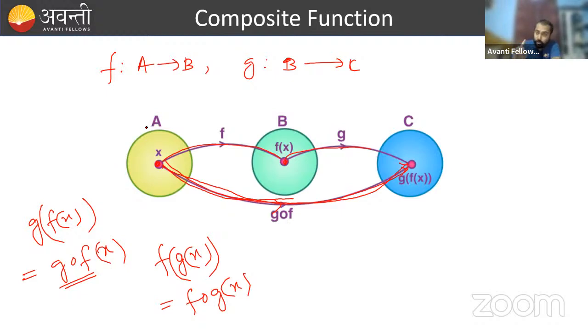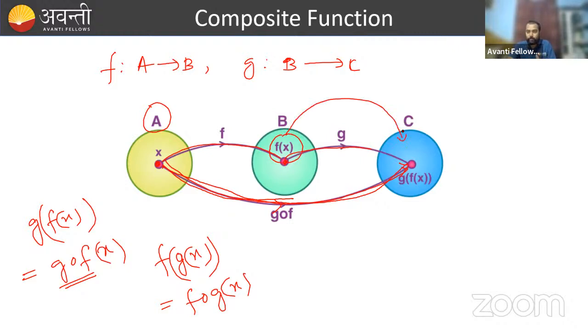So remember, the important thing here is that the domain of a, meaning the domain of f of x, after giving those inputs to f of x, what you are getting is your output as f of x, and those outputs will be your input for g of x.